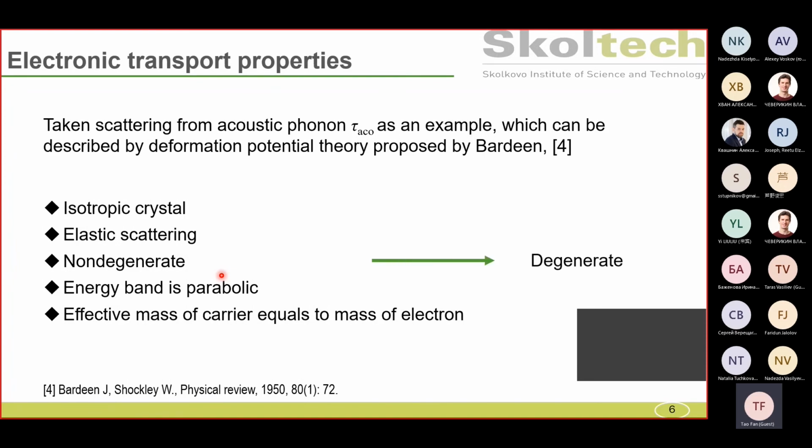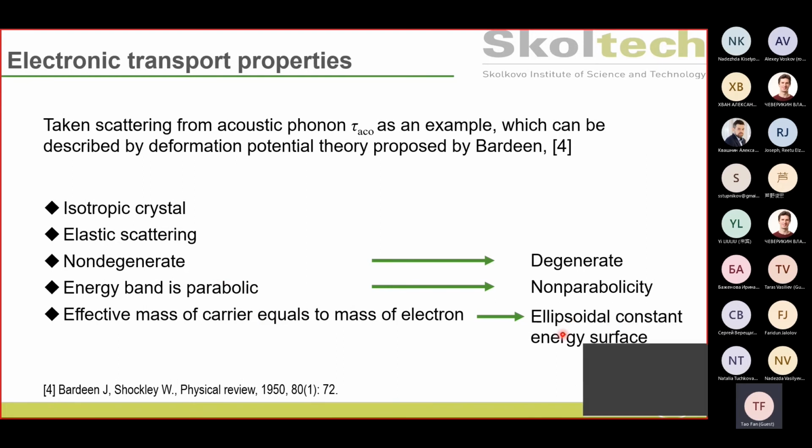For example, usually the material is degenerate because of doping, and the energy bands are usually not parabolic, especially near the boundary of the Brillouin zone, and also the constant energy surfaces are not exactly spheres.